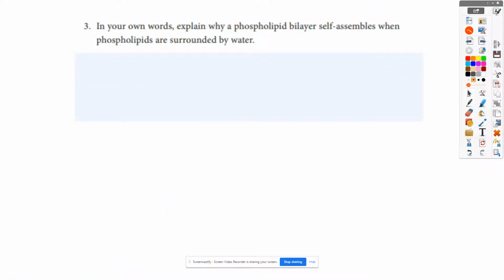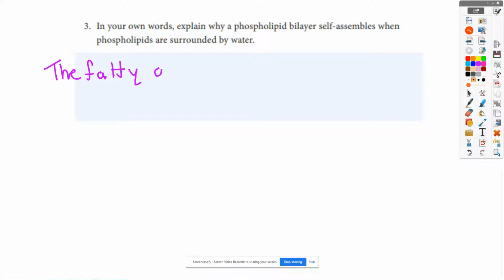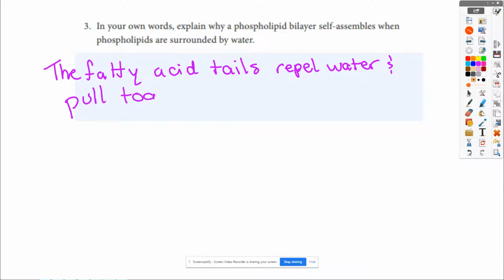The next question said, in your own words, explain why the phospholipid bilayer self-assembles. Well, we just talked about that, but it self-assembles because the fatty acid tails repel water and pull together to avoid watery environments.